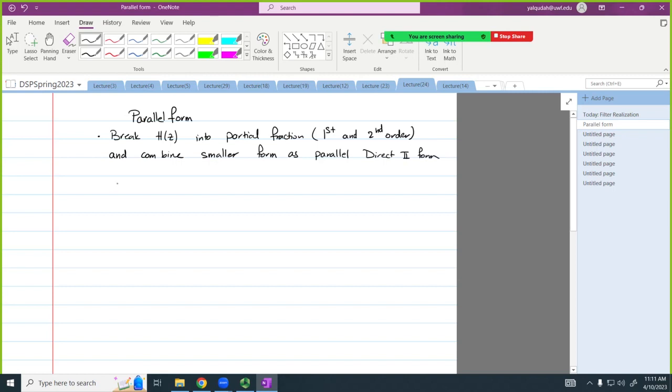So given H of z, we're going to write H of z as gamma 0 plus the summation from i equal 1 to k, of gamma 0i plus gamma 1i z to the negative 1, divided by 1 plus alpha 1i z to the negative 1 plus alpha 2i z to the negative 2.